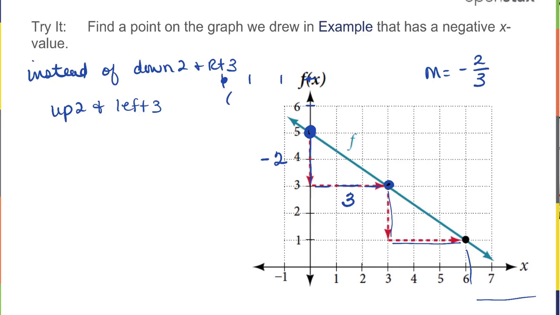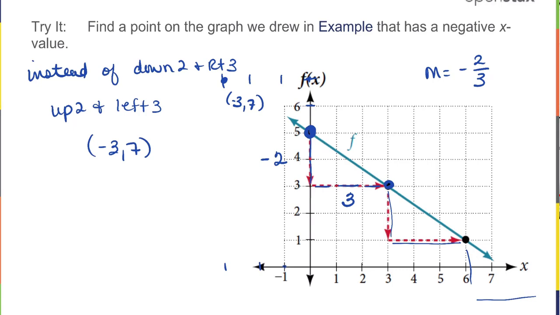So this looks like that would be the point. If this is negative 1, this would be negative 2. This would be negative 3, and we went up 2, so that'd be up to 7. So the next point would be (-3, 7). It would be easier to count if you had more graph paper and it wasn't cut off like it was there.